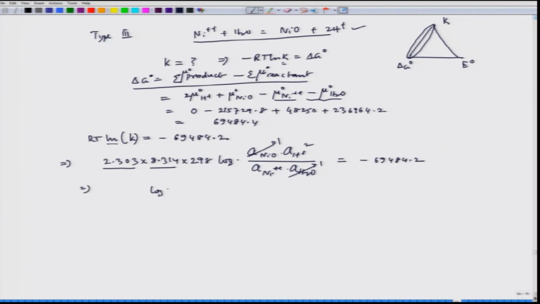So, log of products minus log of reactants is equal to minus 69,484.2 by 2.303 into 8.314 into 298. This value becomes minus 12.18.